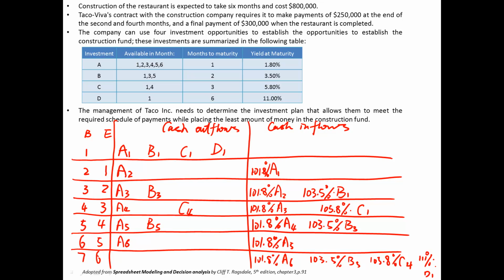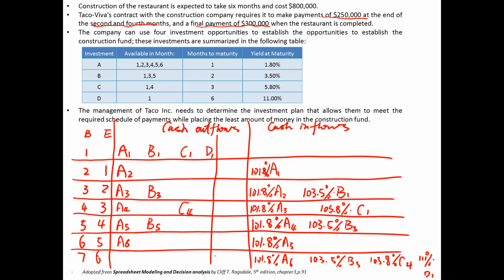Then, for the cash outflows, besides those ones, remember our purpose is that we can make those payments. Okay. So we have to make a payment of 250,000 at the end of the second and fourth month, and the final payment of 300,000 when it's complete.